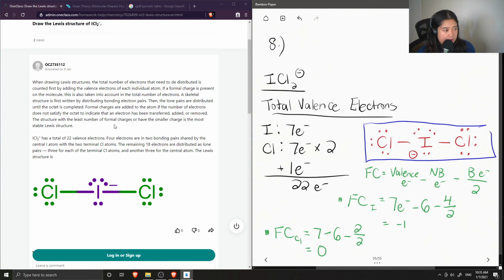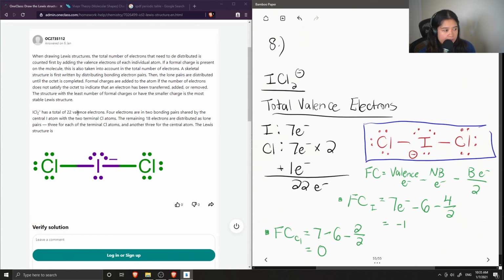Skeletal structure is first written by distributing bonding electron pairs, then the lone pairs are distributed until the octet is complete. Formal charges are added to the atom if the number of electrons does not satisfy the octet, to indicate that an electron has been transferred, added, or removed. The structure with the least number of formal charges or has the smaller charge is the most stable Lewis structure.